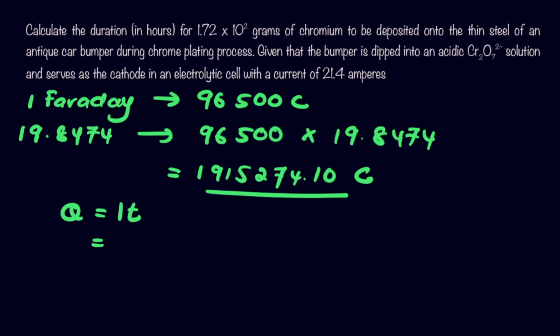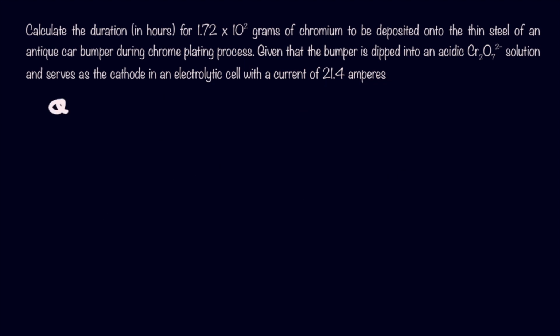The current given to you is the ampere, and Q is this value here. So you will get how many hours they take to electroplate this car bumper. Right, so Q is equivalent to IT.